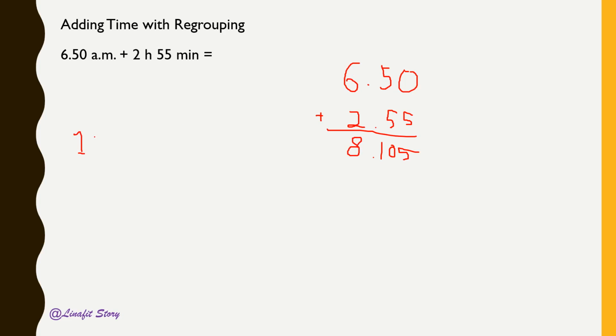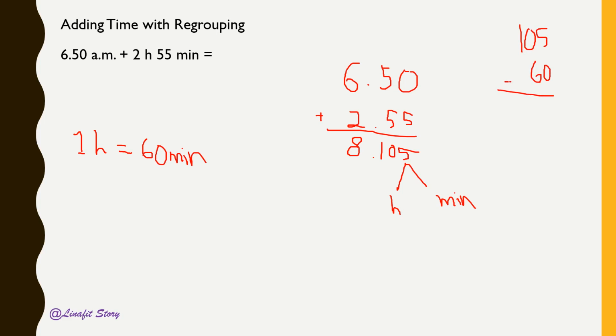Remember, 1 hour equals 60 minutes. So that's why we need to regroup 105 minutes into hours and minutes. So 105 minus 60 minutes equals 45 minutes.